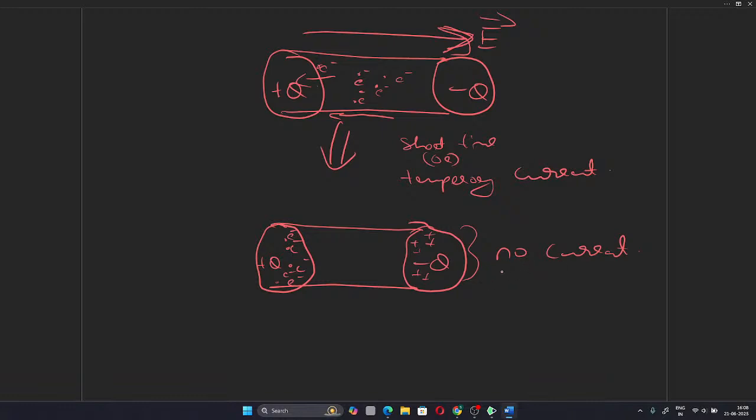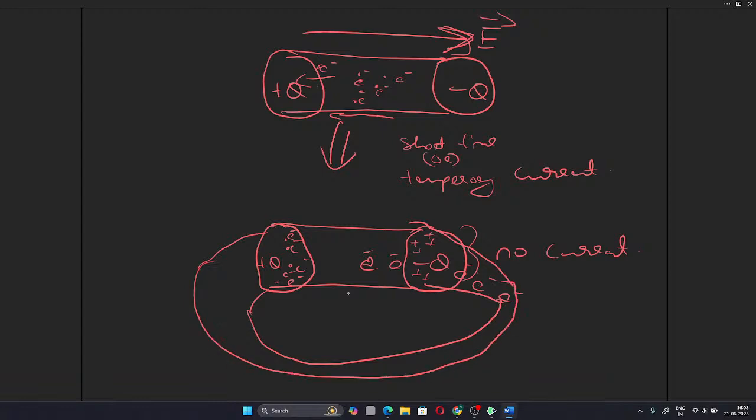But what if we continue to provide more electrons? Then the electrons will be continuously moving, which is what we call a steady current.